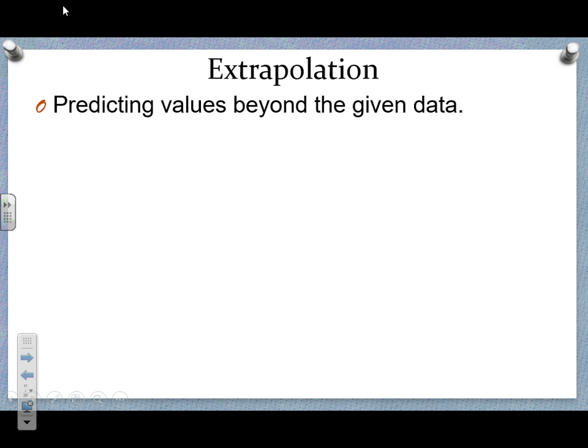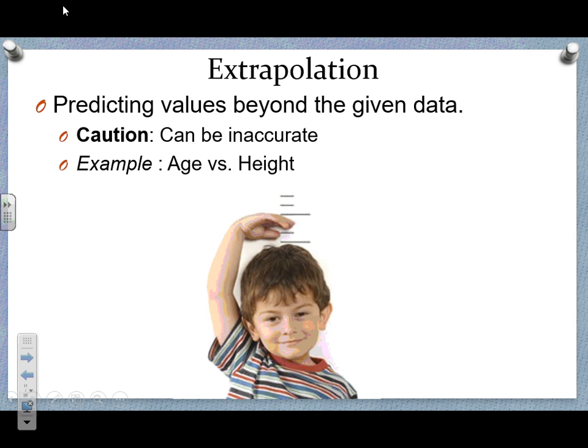So we have a certain range of x values that we can work with. We measured values from this low x value to this high x value. If I start plugging in values below or above what I actually looked at, can I guarantee that the trend I'm currently looking at continues on in either direction? No. So when we try to extrapolate, when you see people trying to predict outside of the scope of what things are happening, a lot of times they can be inaccurate. We can't trust those predictions because we don't know what happens to the pattern outside of a given interval.